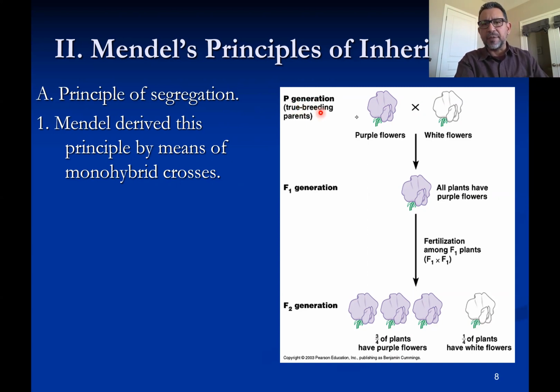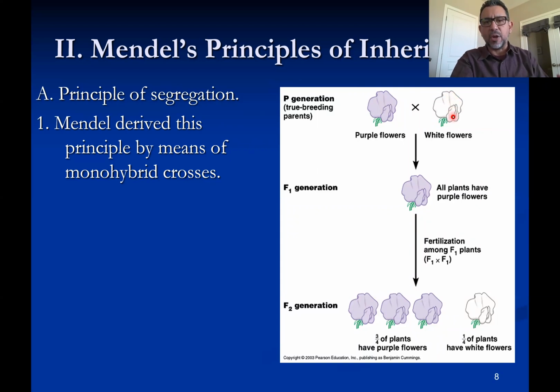True breeding means that this purple flowered plant has been the result of many generations where plants have only produced purple flowers. Likewise, for this true breeding parent, all of the previous generations that produced this plant only produced white flowers.